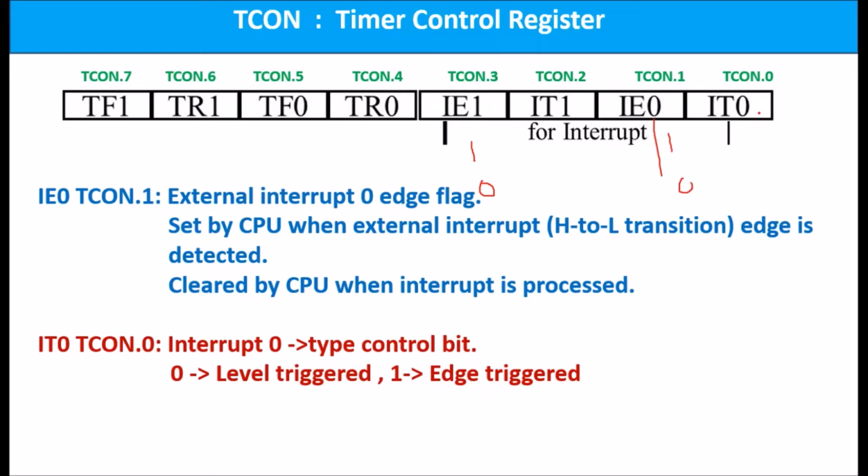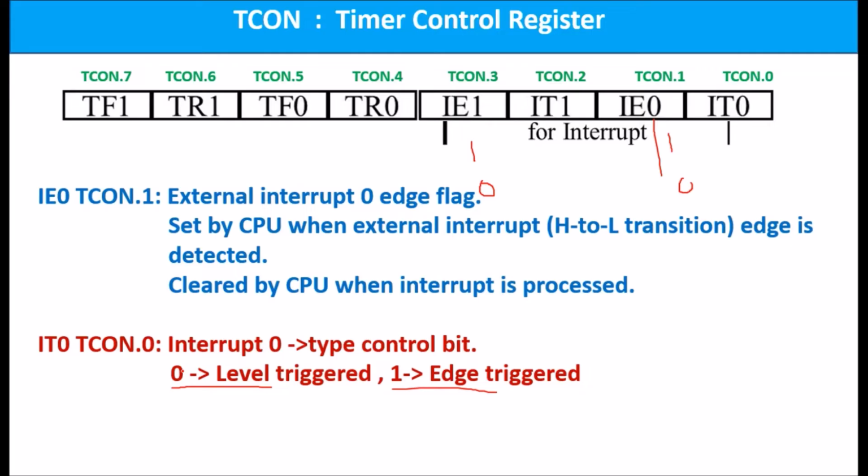This IT0 bit is again used for external hardware interrupt 0 and IT1 is for interrupt 1. Using this bit, we can set whether we want a level trigger interrupt or an edge trigger interrupt. When this bit is 0, you can use level trigger interrupt. When 1, you are using edge trigger interrupt.